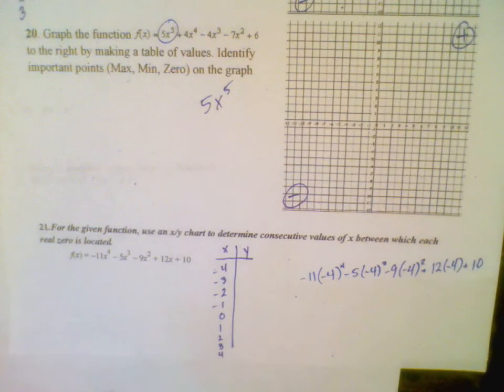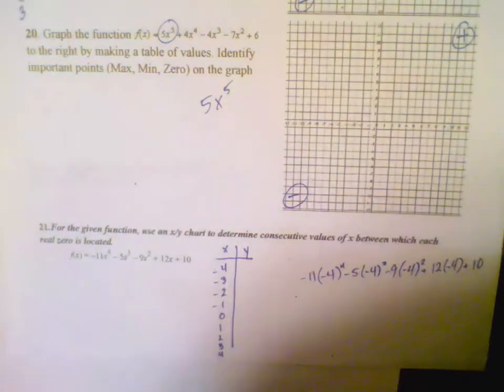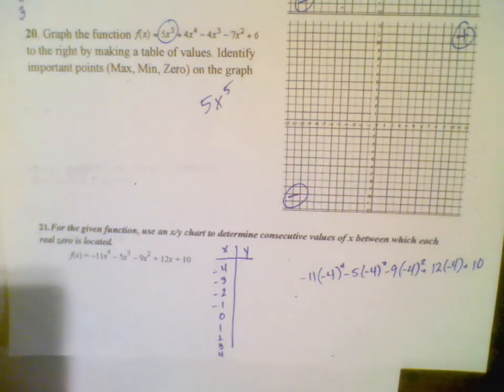Kind of like that. I have to put it in my calculator exactly like that with parentheses and everything around it. That way I am graphing or using the correct function. Okay? So I'm going to use my graphing calculator quick and then put in my numbers in my XY chart.